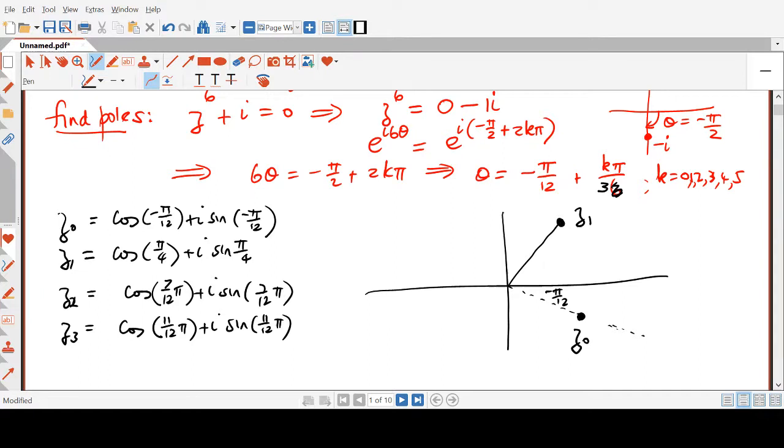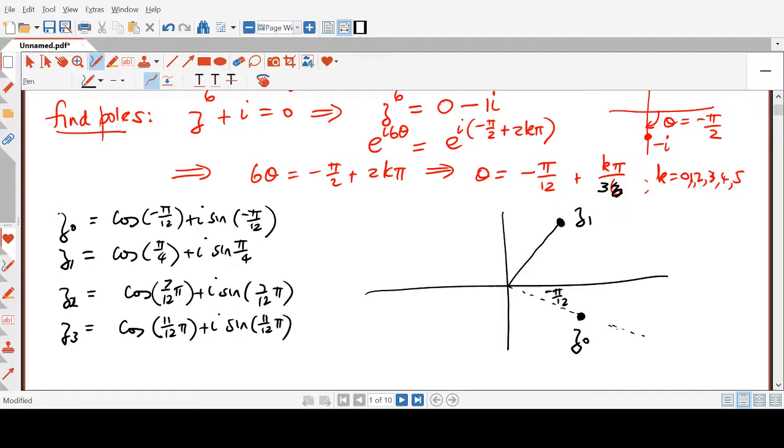How many roots have we got? 6 roots, right? Did we not learn that the 6 roots of an equation distribute themselves on a circle, equally spaced? So if 6 points are distributed equally spaced in a circle, they will form an angle of 60 degrees between each pair. So likewise, this 15 plus 45 is 60. The next one will be another 60 degrees.